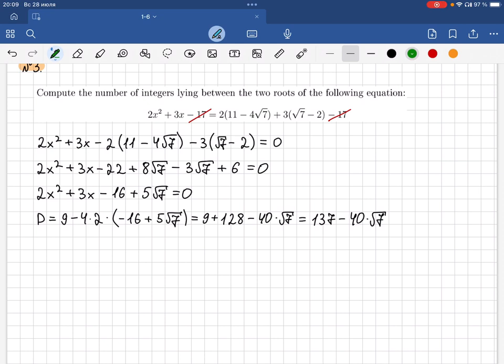And since we know that the square root of 7 is less than 3, since the square root of 7 is obviously less than the square root of 9, this term here is less than 40 multiplied by 3, which equals 120. And this means that the discriminant is greater than 0, so we have two real roots.